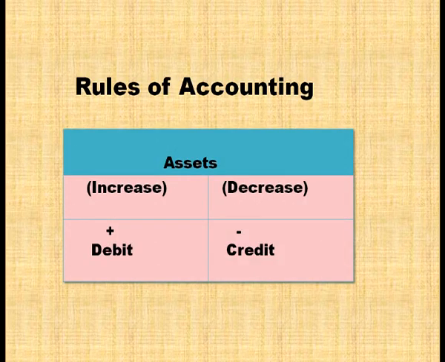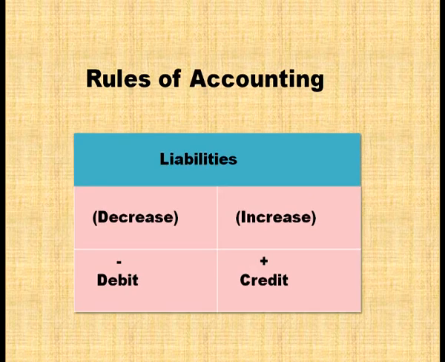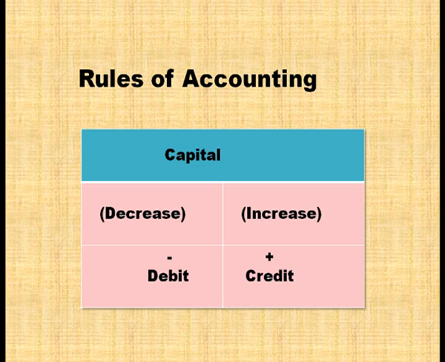So, when you look into this slide, you can easily identify. Asset, when it is increased, it is debited. When it is decreased, it is credited. Liabilities, when it is increased, it is credited. When it is decreased, it is debited. Capital, when increased, credited.